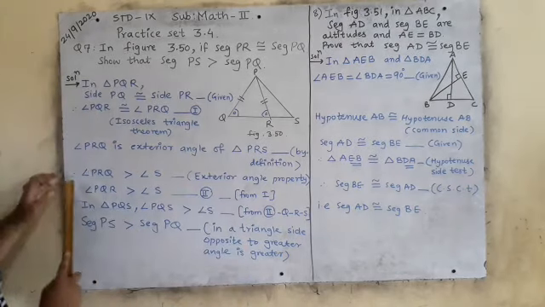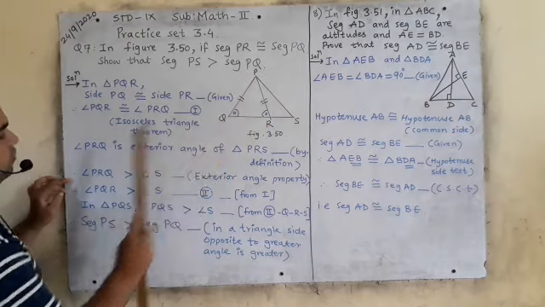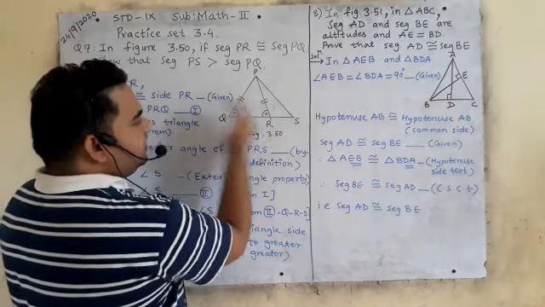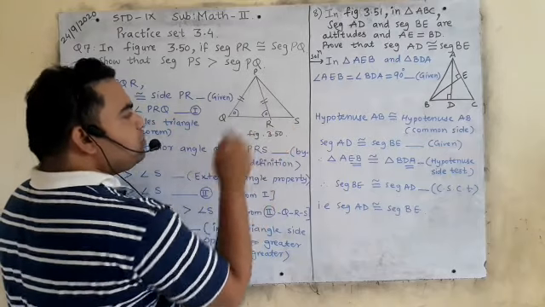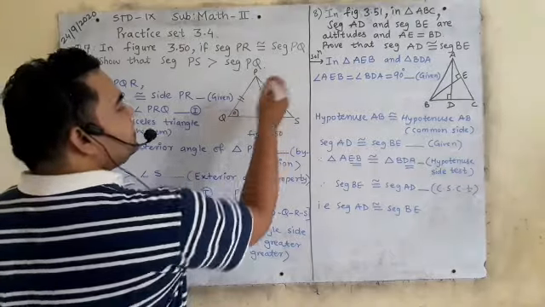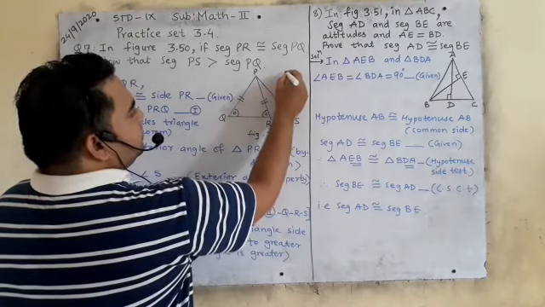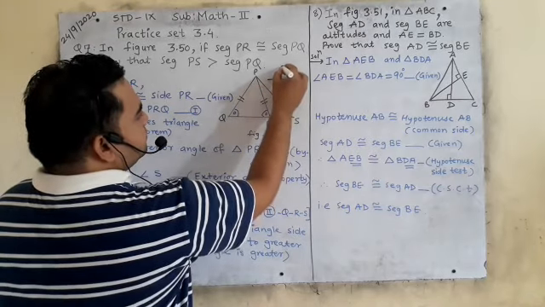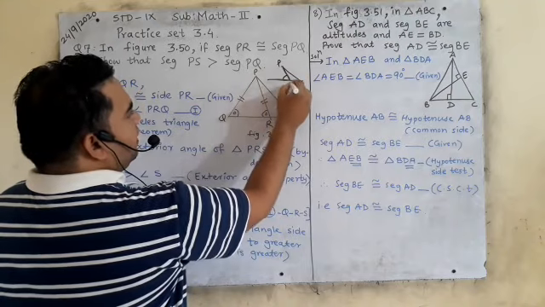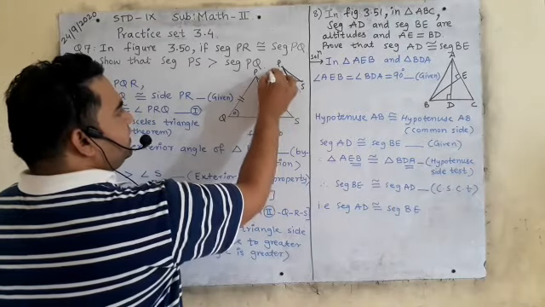Therefore, we can say angle PRQ is greater than angle S. Why? Because we have learned that an exterior angle is always equal to the sum of the opposite interior angles. The figure will be like this. This is triangle PRS and this PRQ is an exterior angle.